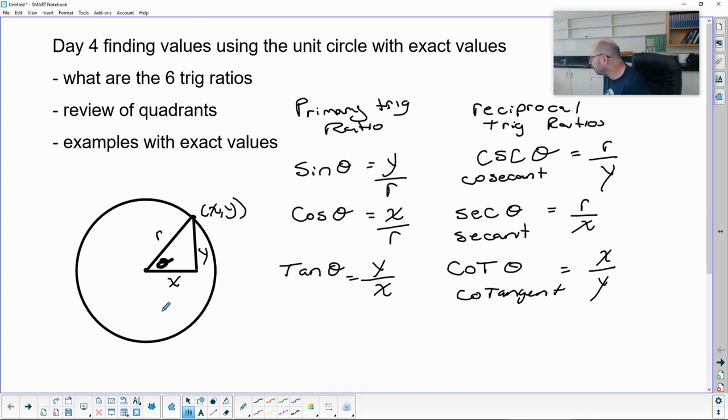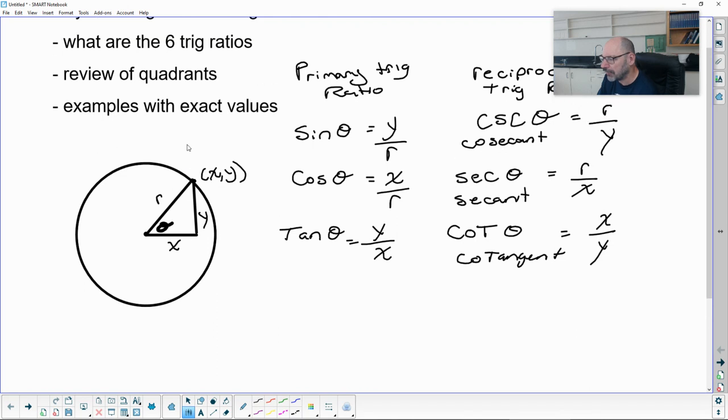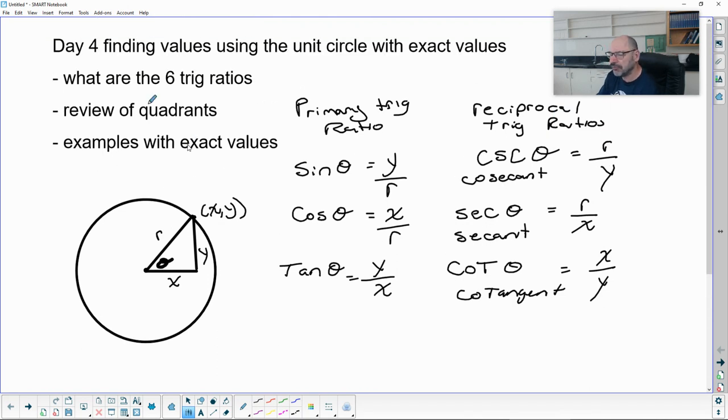Now r is always considered a positive value because it's the radius, the hypotenuse, and we square it and it always comes out positive. So this leads us into reviewing what happens in the quadrants with these six trig ratios.